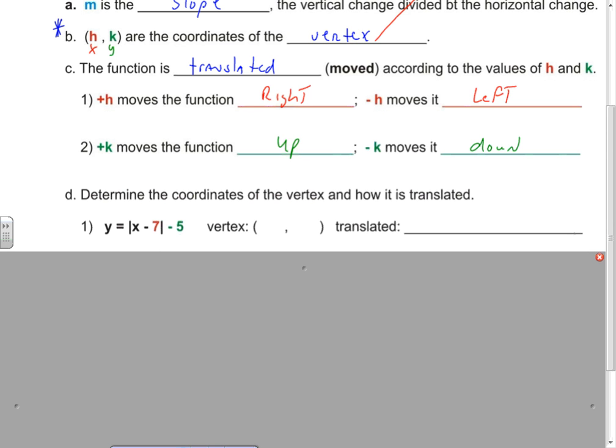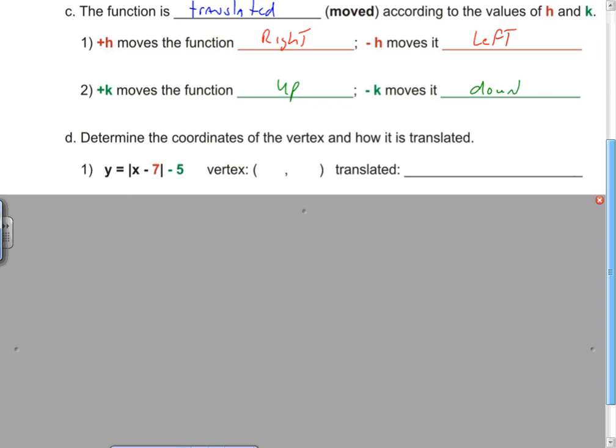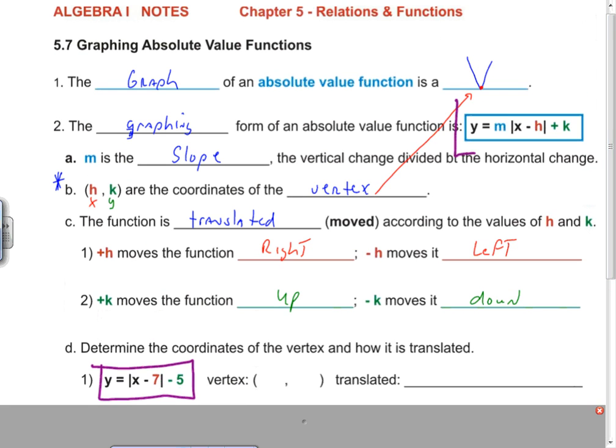All right, so D here. Determine the coordinates of the vertex and how it is translated. I've color-coded everything for you. You're looking at this right here, and on your paper, you're looking at this right here, the pattern. And clearly you can see h and k.